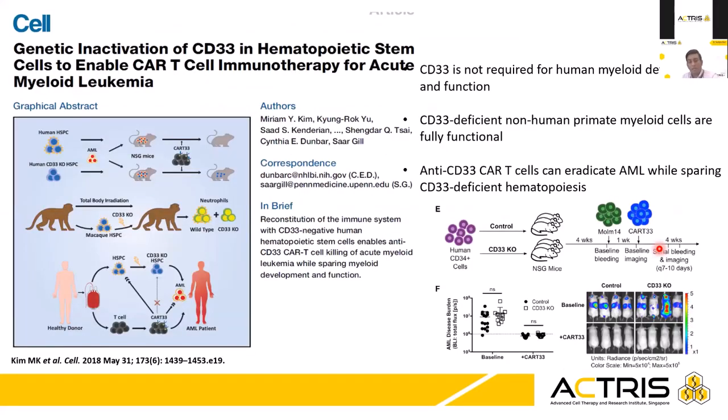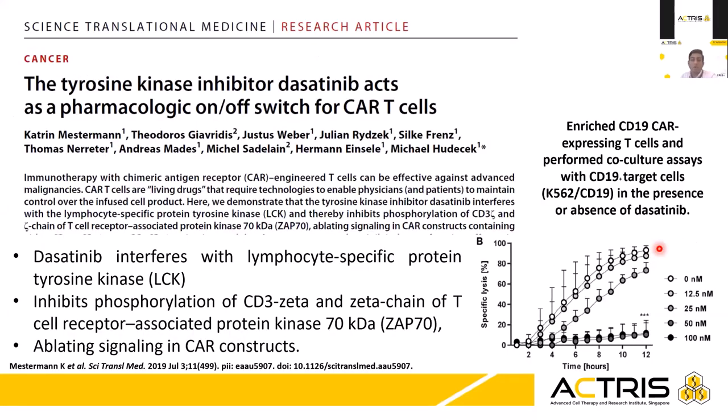Further studies were done to illustrate that as you switch on and off in an animal model, you can see the effect where the tumor size was growing or not growing at the point in time when the CAR T cells were activated.